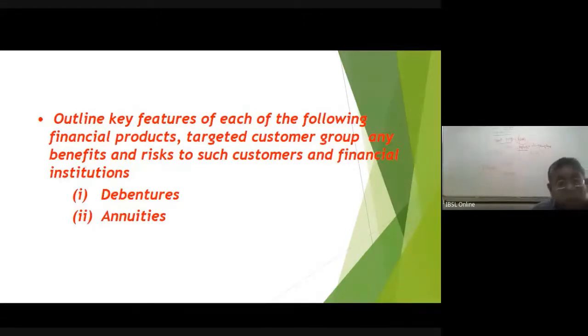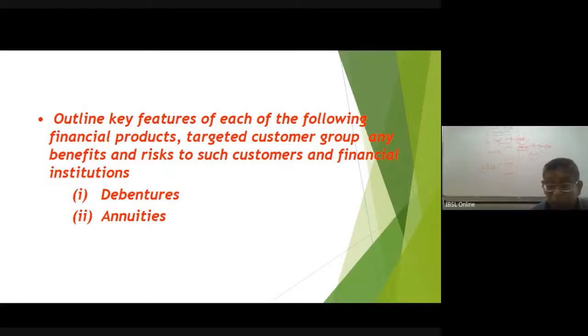And what are the risks to the customers? Now what is the risk to the customer? I told you at the very beginning, debentures are issued with no security. So if that organization, the issuer, fails, that is why I told you it depends on the credit worthiness of the issuer.